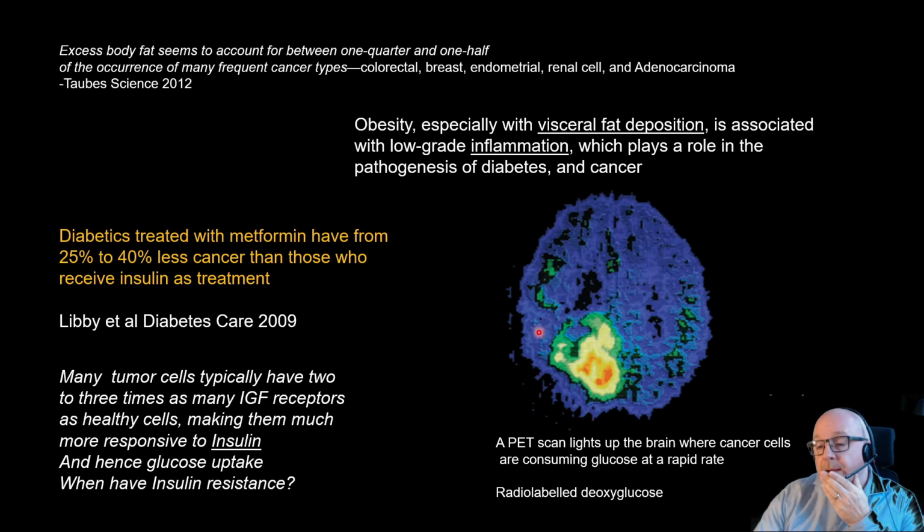Cancer cells like a lot of sugar, therefore they've adapted and they express a lot of insulin receptor. Treating diabetic patients with insulin will drive TOR complex 1 and drive cell proliferation, mimicking the cancer situation. So it can contribute to that. That's bad news.